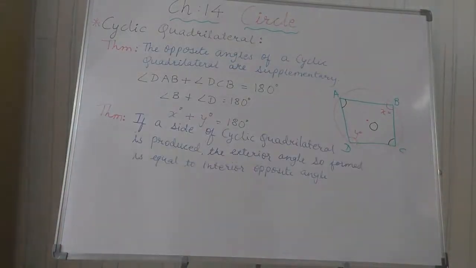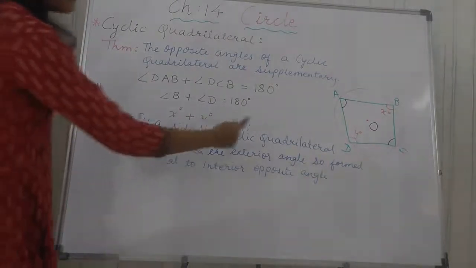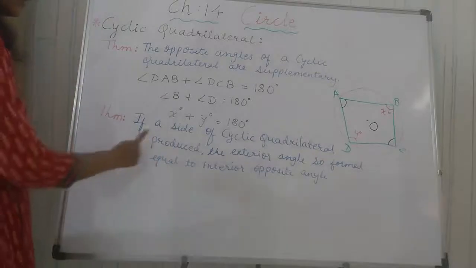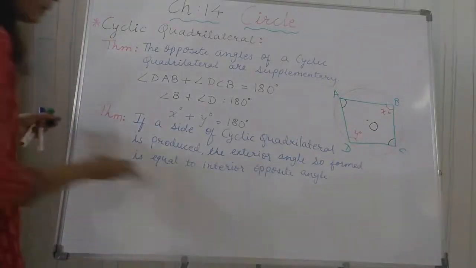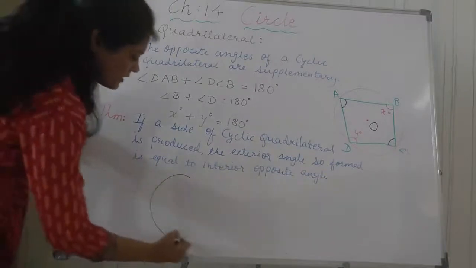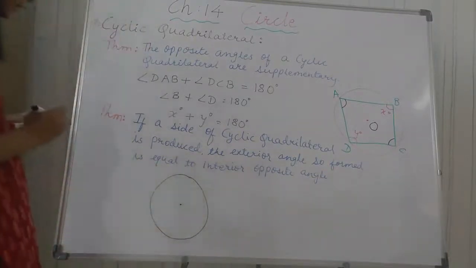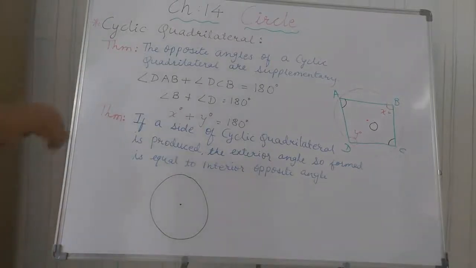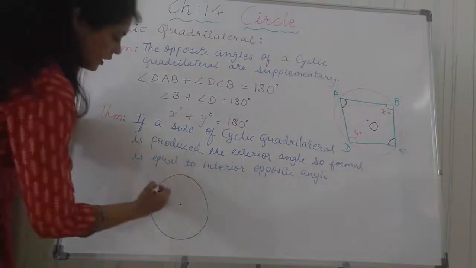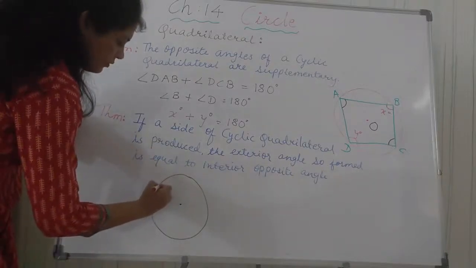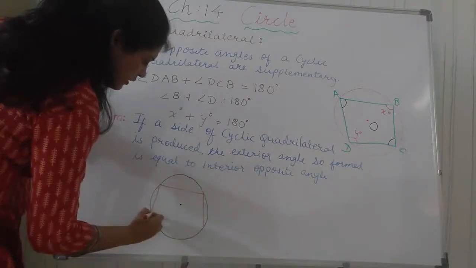The next theorem on cyclic quadrilateral: if a side of a cyclic quadrilateral is produced. See here I am explaining you by the figure. Here you can see this is the circle drawn, this is the center of the circle. Now let us draw one quadrilateral which is a cyclic quadrilateral. So here we draw a cyclic quadrilateral.